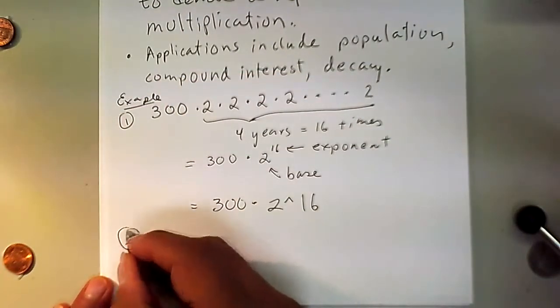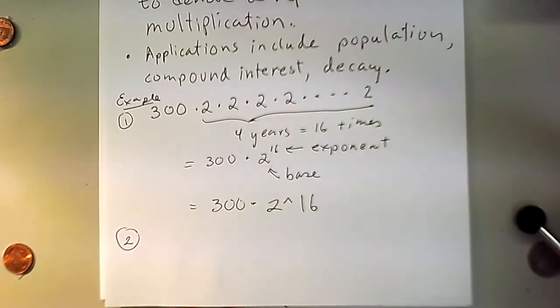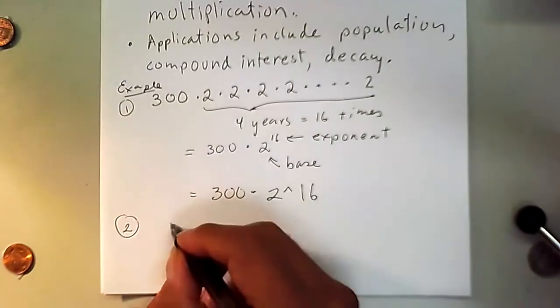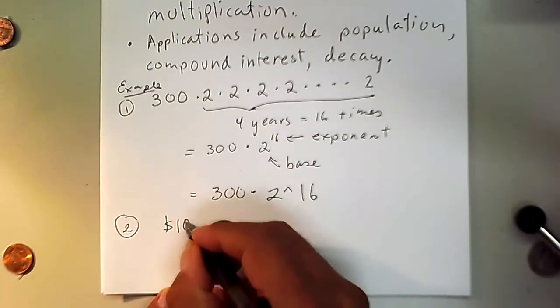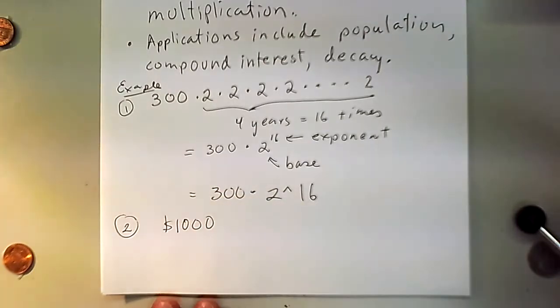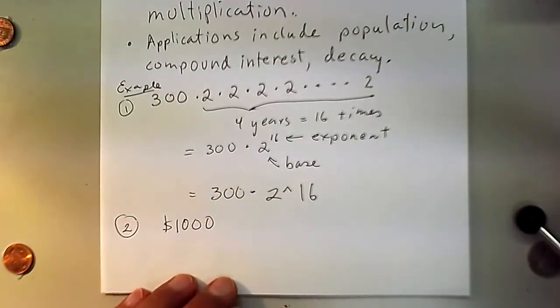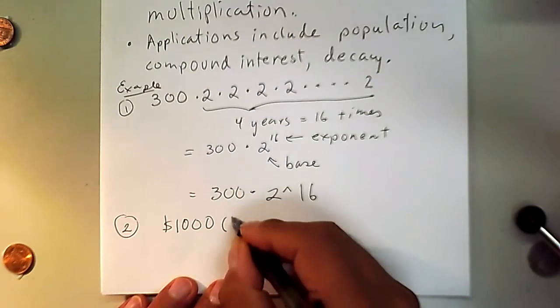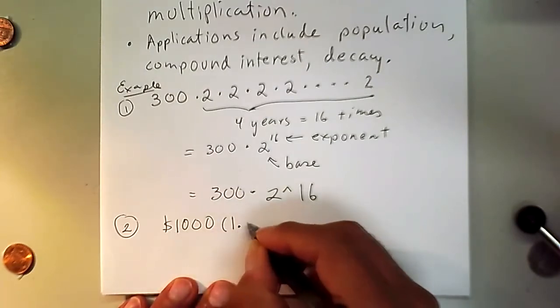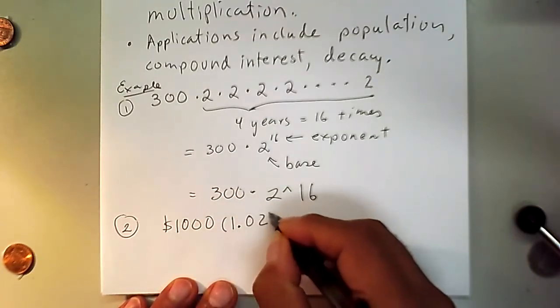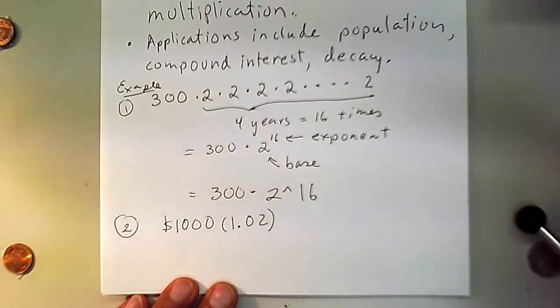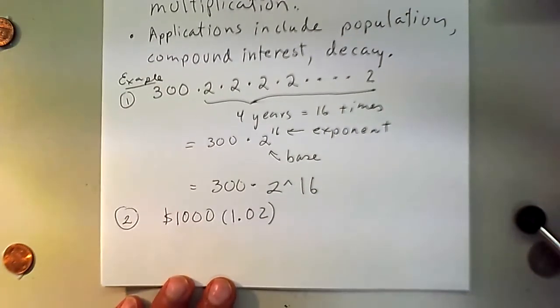Example 2. Let's say you are borrowing $1,000, or you're putting $1,000 in the bank. Same thing, and they're paying you 2% per year. So that means we have to multiply by 1 for the $1,000 and then 0.02 for the 2% per year. And you want to know what happens after 10 years.